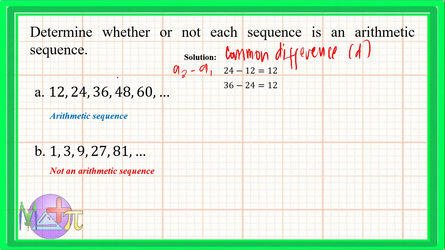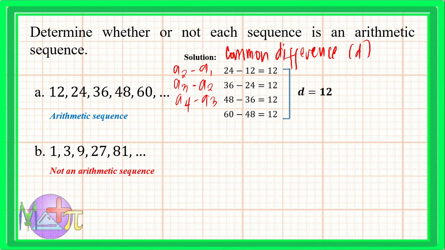Next, 36 minus 24 is 12. Next, A sub 3 minus A sub 2, A sub 4 minus A sub 3, and so on. 48 minus 36 is 12. Next, 60 minus 48 is 12. Observe, yung nakuha nating result is constant, right? So the common difference in example letter A is 12.